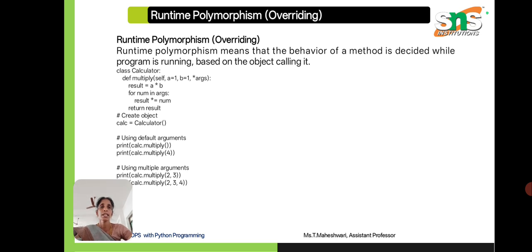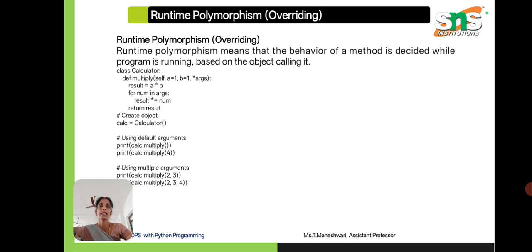Likewise, I am creating an object for the class. The name of the object here is calc. In Python programming, if we want to define an object for a class, the syntax is object name equal to class name. That is, here calc equal to calculator. So calc is the object name and calculator is the class name.